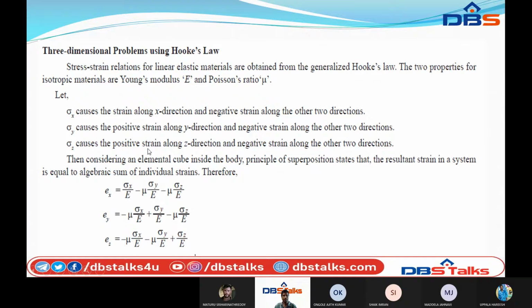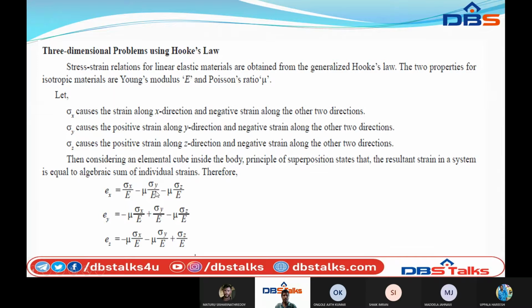In the horizontal strains, that means in the x direction, the strain will have one positive and two negatives: sigma x by E minus mu, the Poisson's ratio, which equals lateral strain by linear strain, mu into sigma y by E minus mu into sigma z by E. Sigma z by E is the depth.